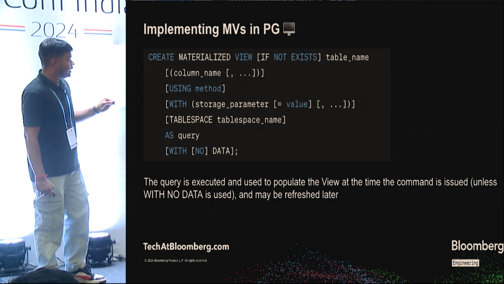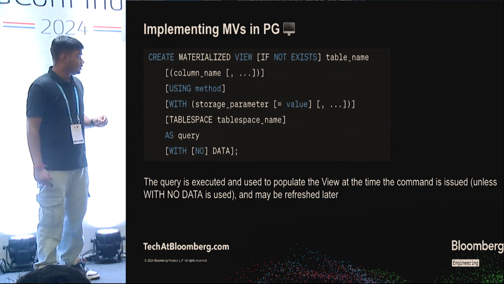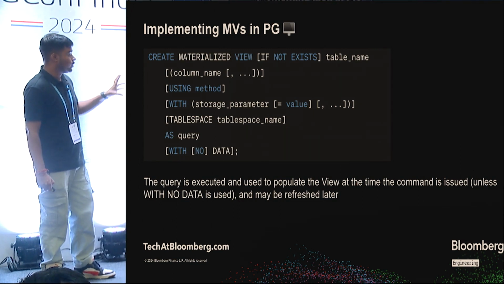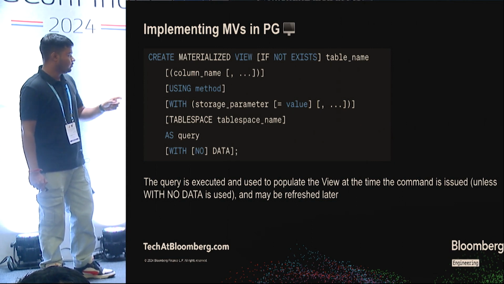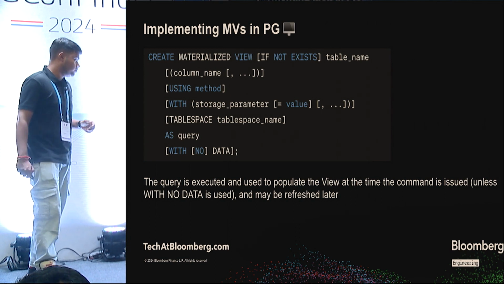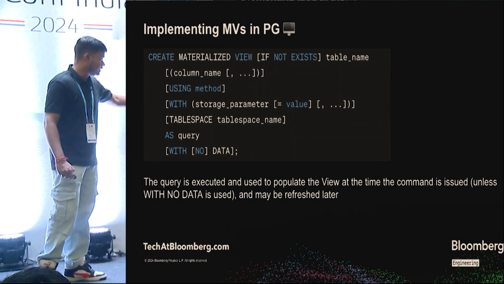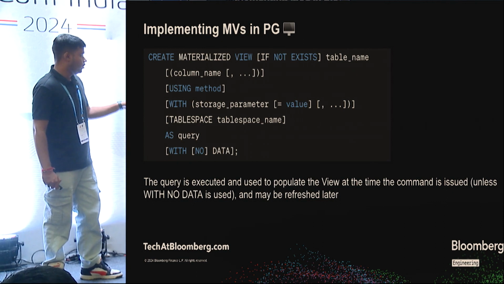We basically use the CREATE MATERIALIZED VIEW command in order to create our materialized view. We can see that it takes a number of tunable parameters so that we can get the perfect materialized view that we want. Out of which the most important is the last one, which is WITH DATA or WITH NO DATA.